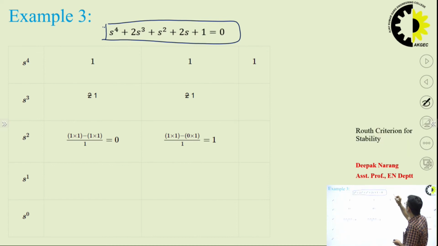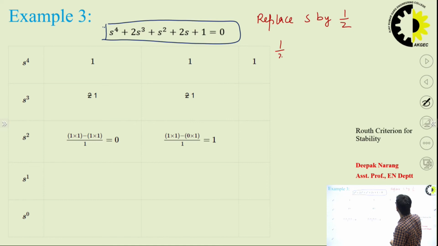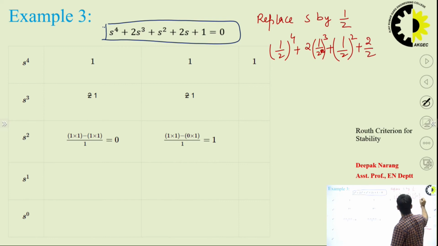We can also do this, replace S by 1 by Z. So we will have a characteristic equation like this: 1 upon Z square, 2 upon Z, plus 1 is equal to 0.